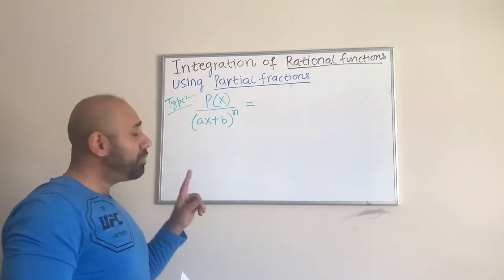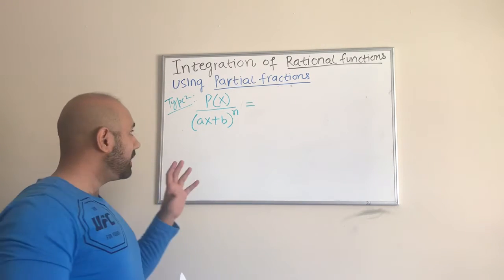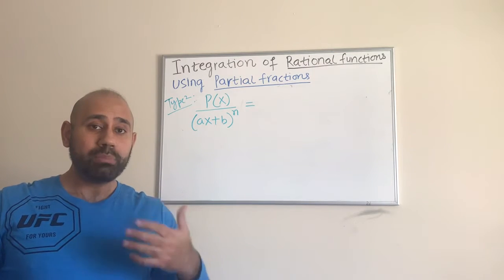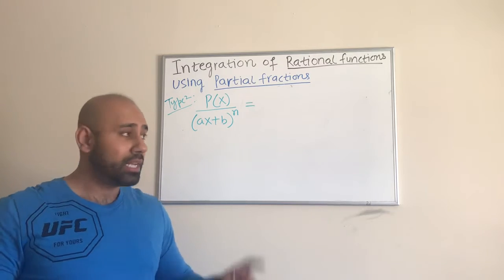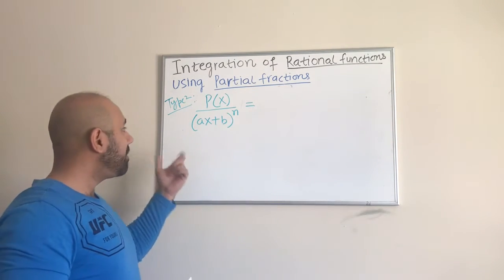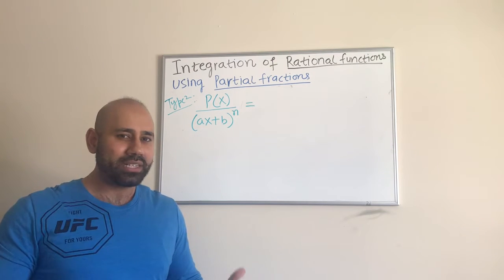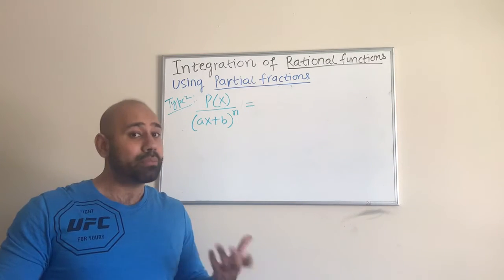Guys, in type 1 we again had a rational function, but the unique thing about that rational function was that the denominator could be written as a product of distinct linear factors. But if you look at this expression right here, the denominator is not expressed as the product of distinct linear factors. Rather, you can see that they are repeating. The same factors are repeating.